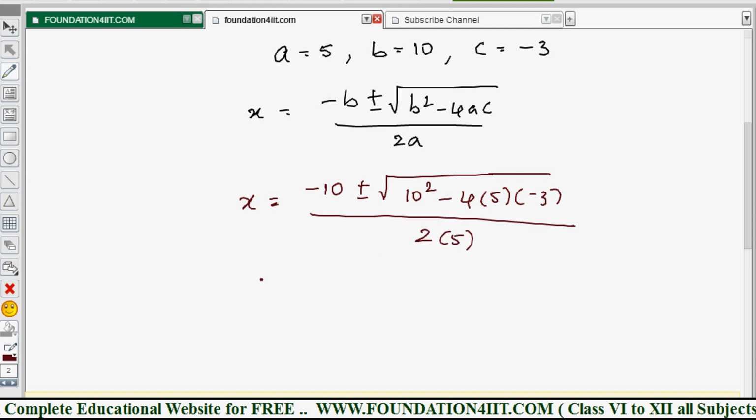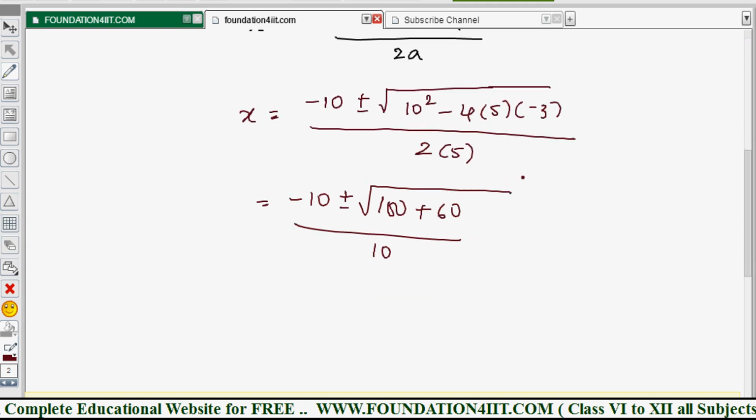We will simplify this now. Minus 10 plus or minus 10 square is 100, plus, because minus times minus is plus, of 4 into 5 into 3: 4 fives are 20, 20 into 3 is 60. Divided by 2 into 5, which is 10.